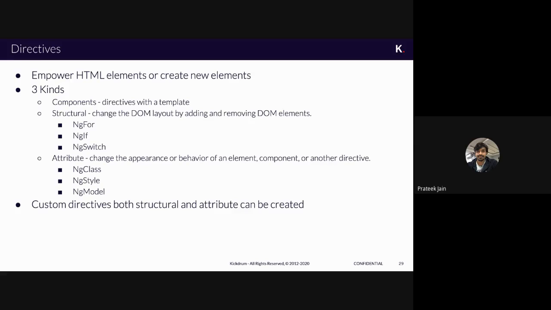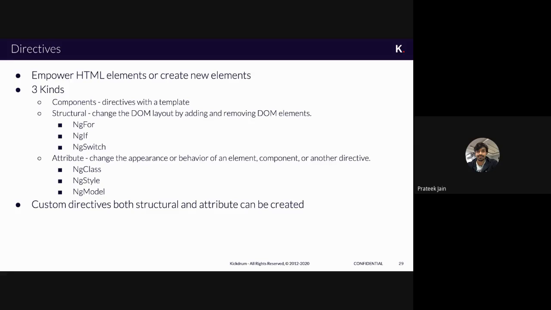In structural, they are dealing with the actual structure of your HTML DOM page. It deletes the HTML, it adds the HTML, it's changing the document object model of your browser. In attribute directives, they are dealing with the behavior or appearance of your tags.